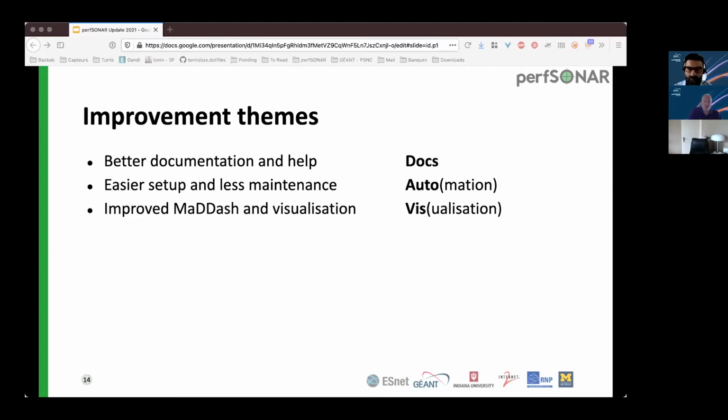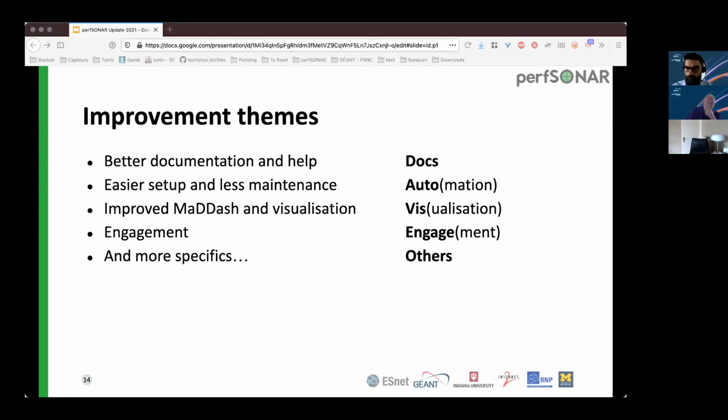There was a theme about improving MaDDash and visualization. So that's also something we're currently working on. And then there was a theme about engagement, with us developers, the perfSONAR project, getting more involved with you, the users. So this is something else we're trying to work on as well. And some other requests formulated during the workshop were more specific.